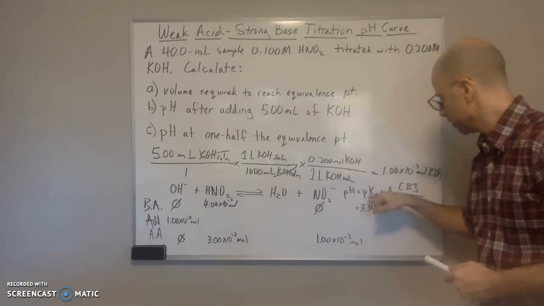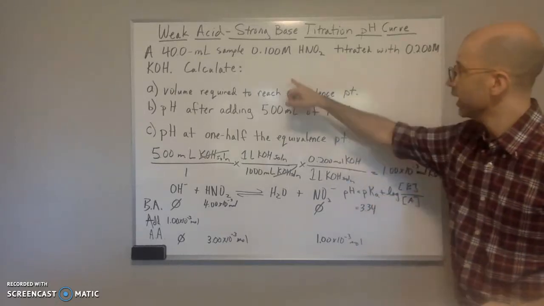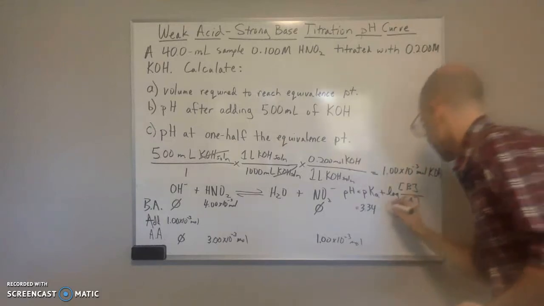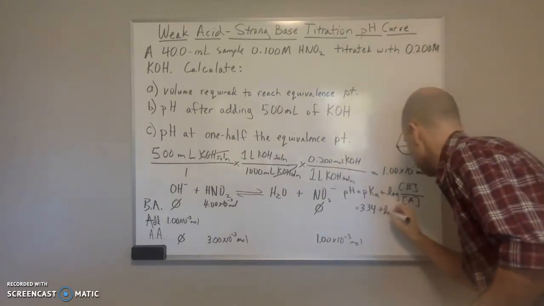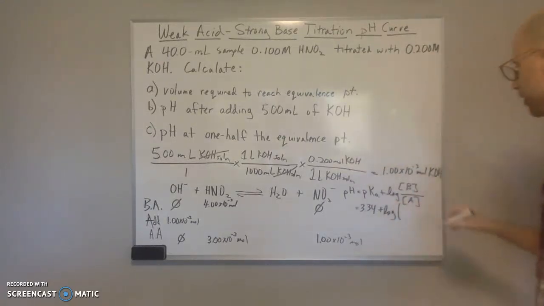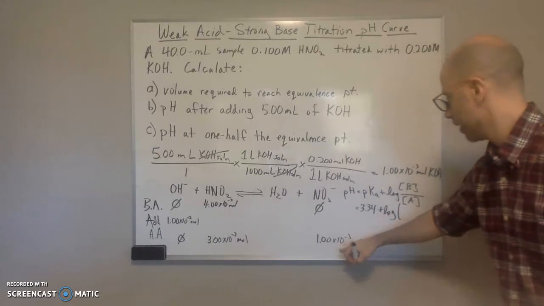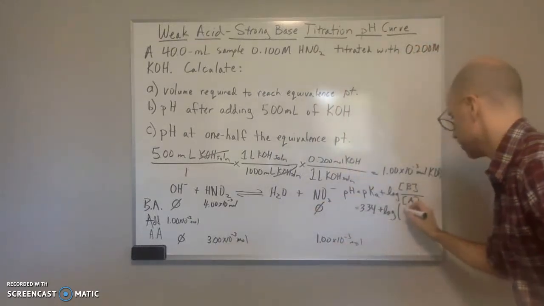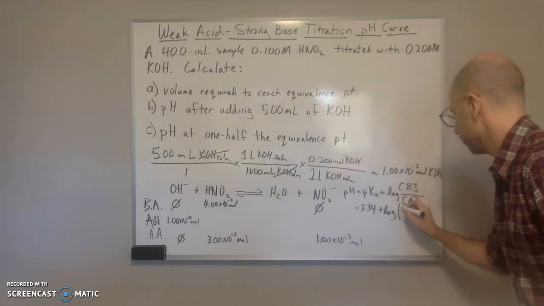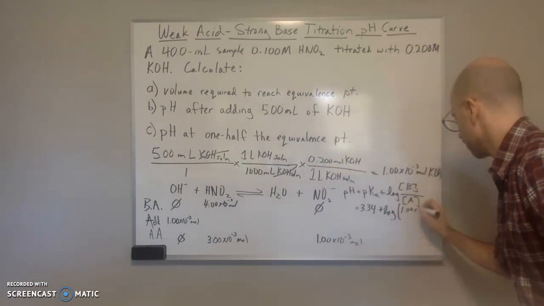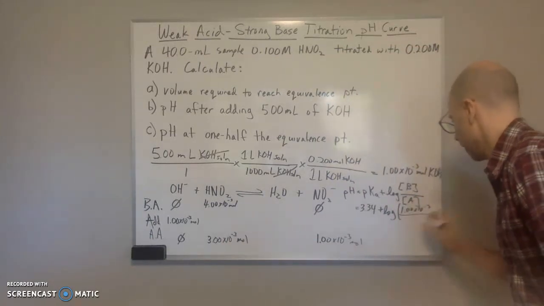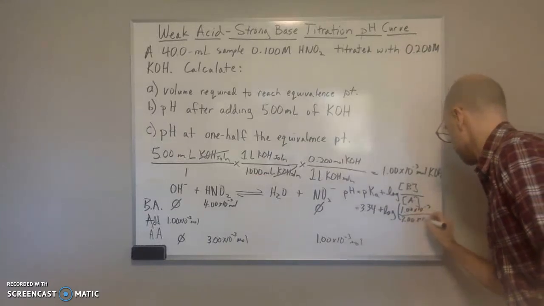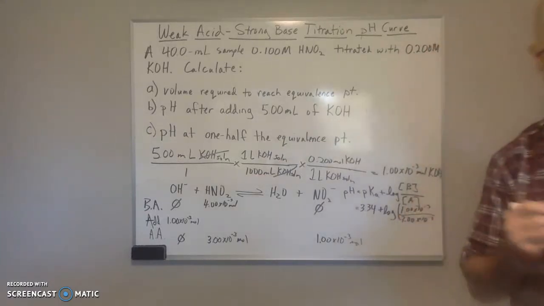You would get this from the Ka value that you would look up, take the negative log of it, and then that would be plus the log of the base over the acid. The concentration of the base is 1.00 times 10 to the negative 3, and the acid is 3.00 times 10 to the negative 3.